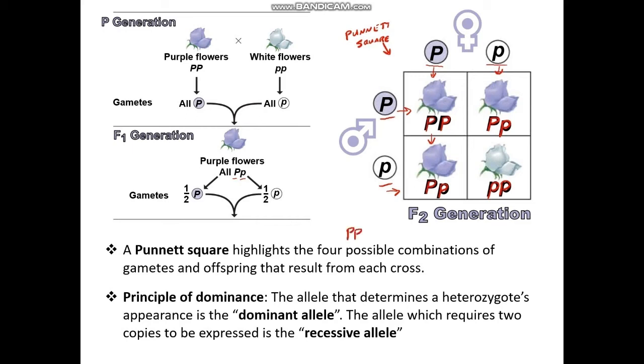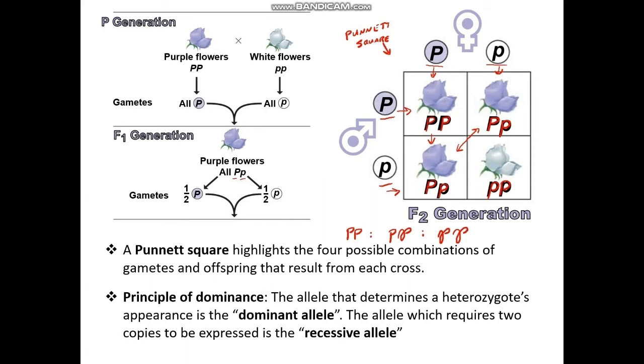You could have a homozygous dominant individual, someone with two capital P's. You could have a heterozygous individual, offspring here. We have two different ways that we made that happen. Or you can have a homozygous recessive individual. You could have a situation where they get two recessive alleles.